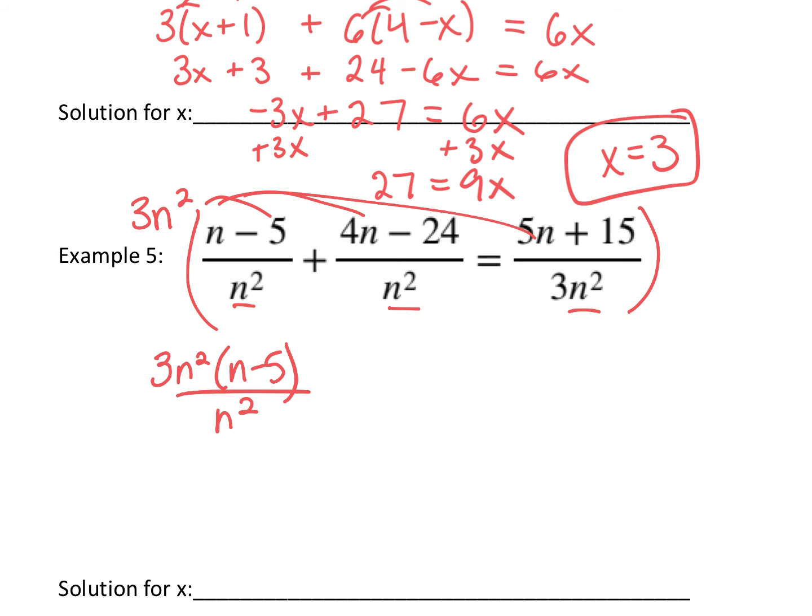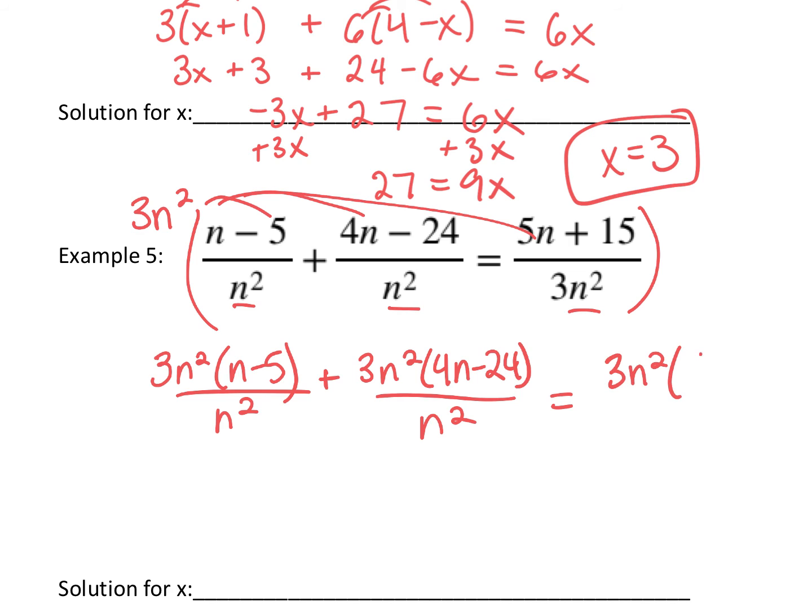Perfect. And the second term, 3n squared times 40. Perfect. And last one, 3n squared times 5n plus 15. Yay. Raise your hand if you made it that far.